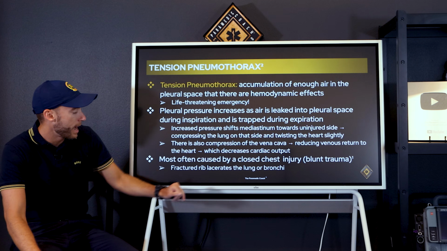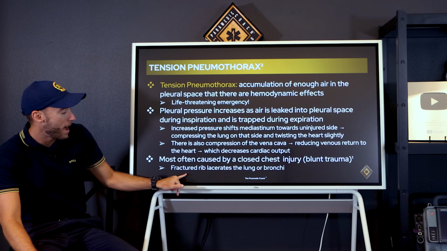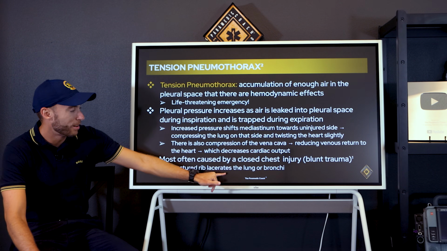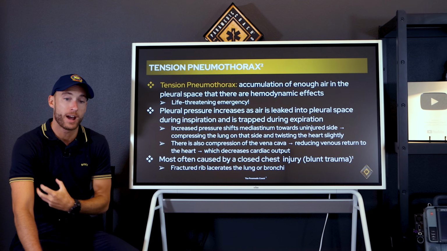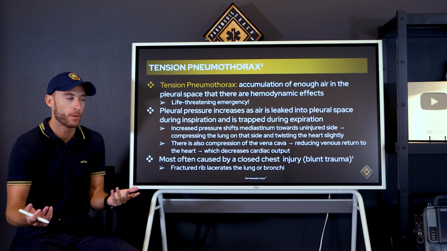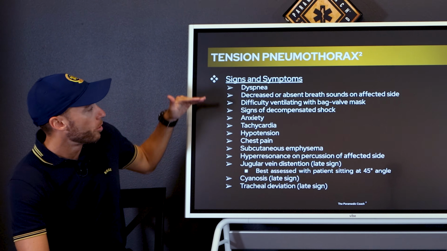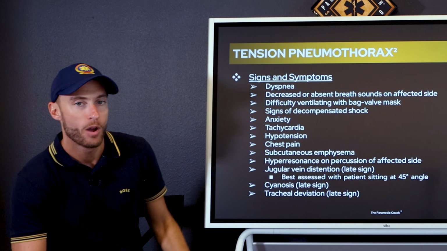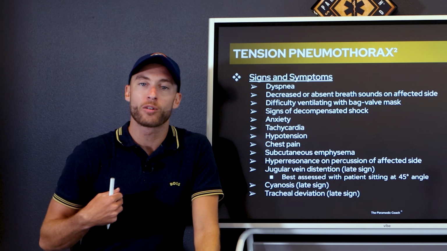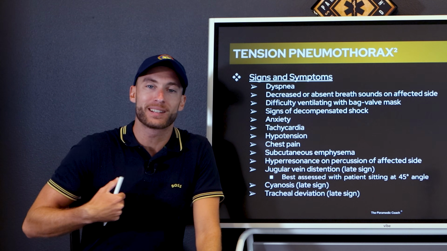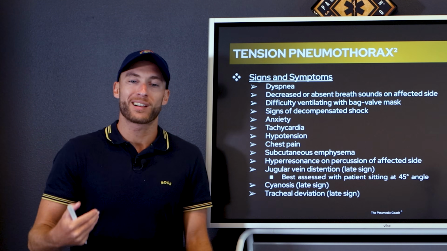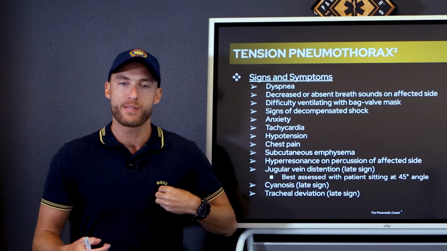Another way this can happen, we talked about it, is a fractured rib lacerating the lung or bronchi. That fractured rib pierced the lung, and here we are. So here are some pearls. What are our signs and symptoms? Well, shortness of breath, okay? We talk about decreased or absent lung sounds on the affected side. If I have a pneumothorax in my right lung, you listen here, everything's fine.